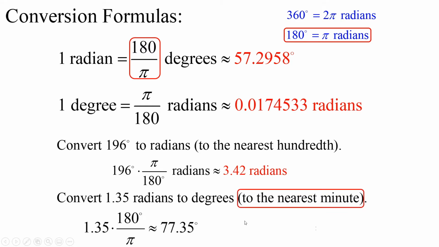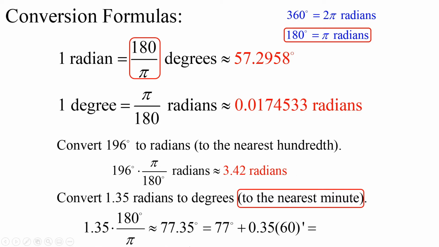So to the nearest minute, that would equal 77 plus, and then I've got 0.35 of, and one more time, how many minutes are in 1 degree? That would be a 60 right there. Now let's punch this one out. 77 plus 0.35 times 60. All right, and I'm getting 98 right there.